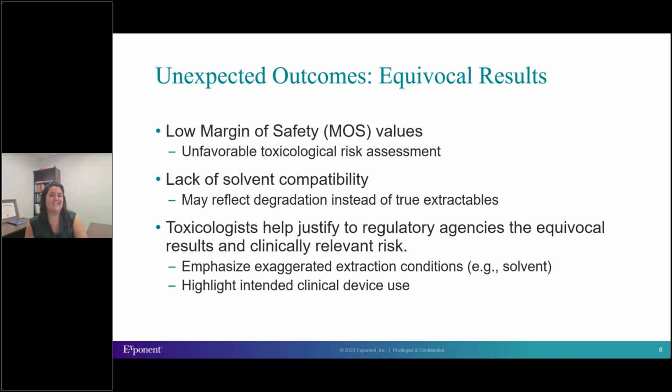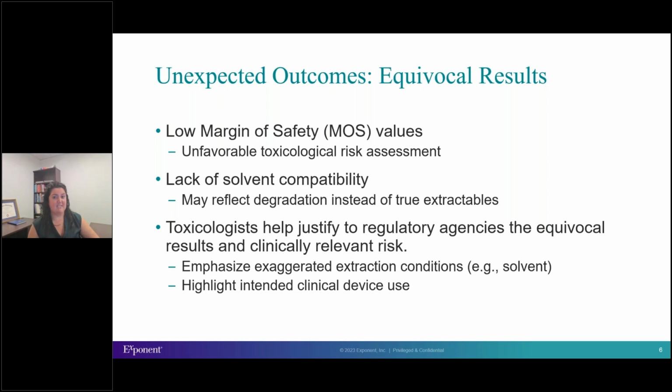And sometimes when there's the presence of a large number of constituents that can be extracted at high concentrations, this can produce an unfavorable TRA, even when we're dealing with compounds and chemical classes of low toxicological concern like alkanes. So what we can do is provide justification that in this specific situation, the unfavorable risk assessment could be due to a solvent compatibility issue.